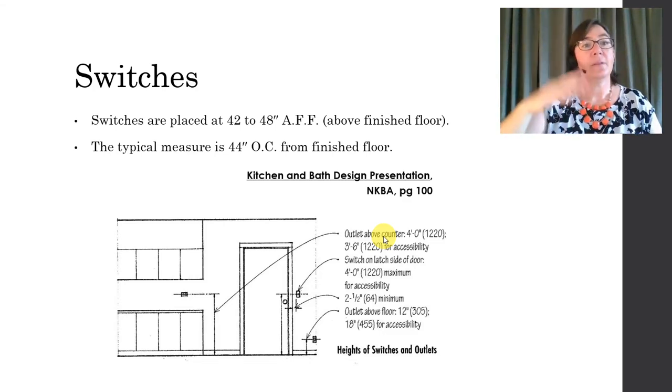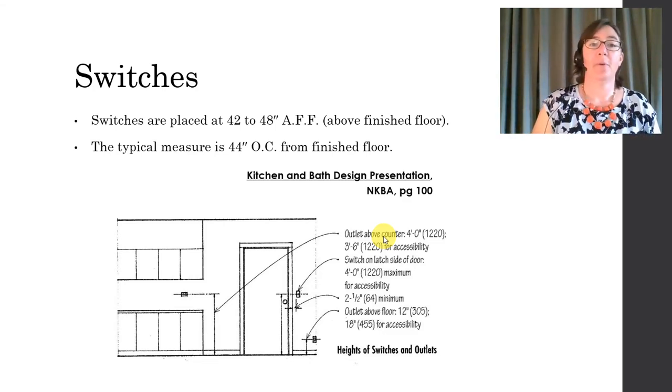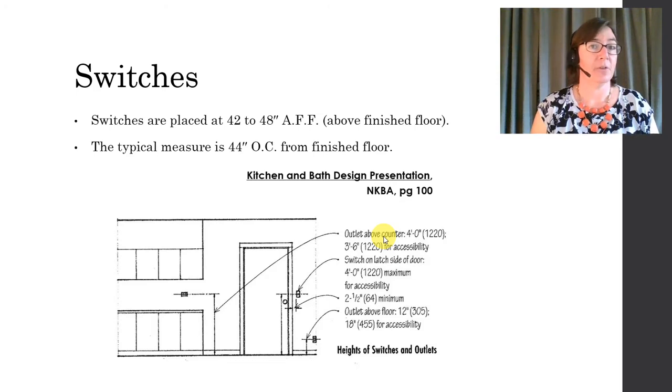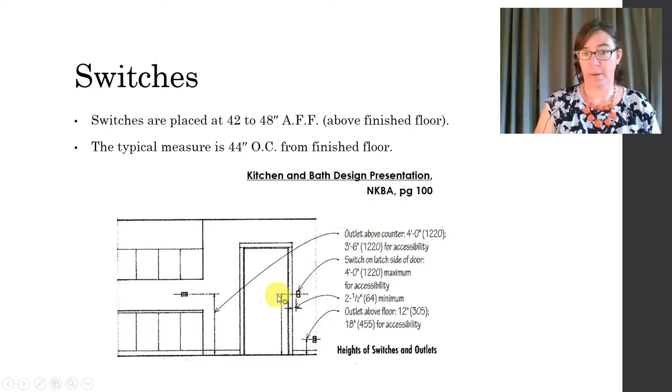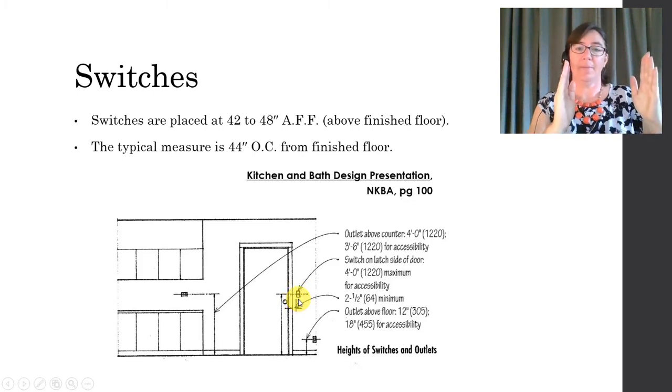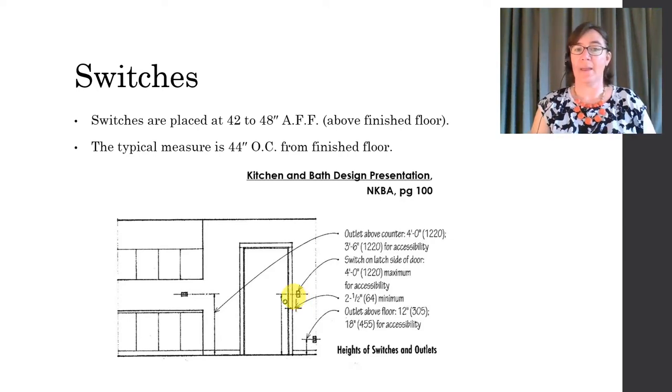So vertically, switches are placed anywhere from 42 to 48 inches above the finished floor. Typical measurement is about 44. And so here, we probably recognize this illustration from when you were talking about the outlets, but here is your switch. And you can see it's roughly 2.5 inches away from your trim right here.